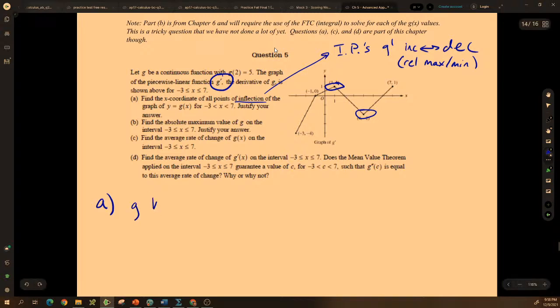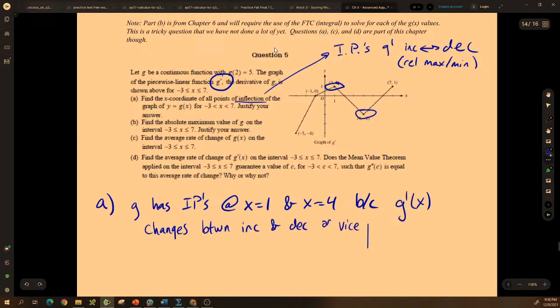So let's say G has inflection points at x equals 1 and x equals 4 because G prime of x changes between increasing and decreasing, or vice versa, at those points. Right? At 1, G prime was increasing, and then we went to G prime decreasing, and at 4, we went back to G prime increasing.